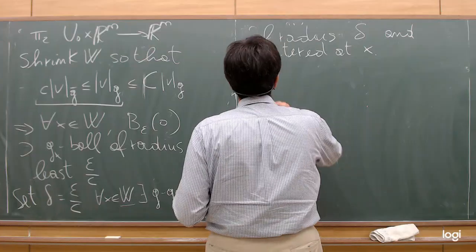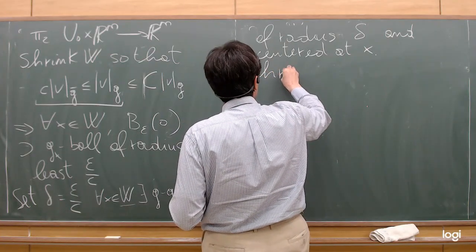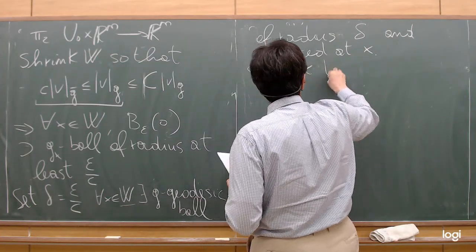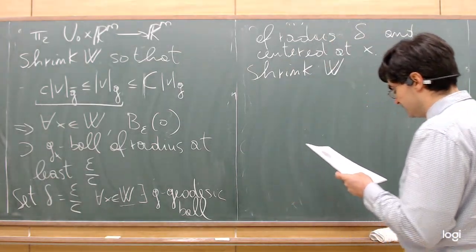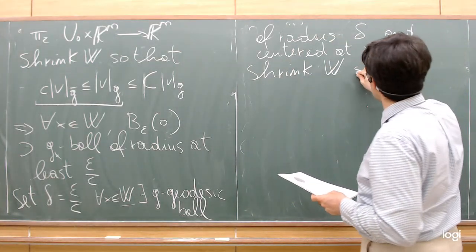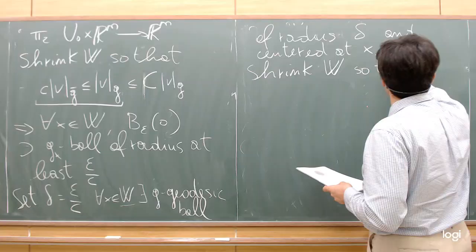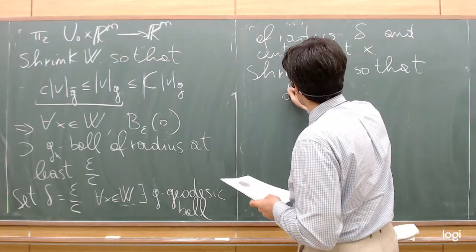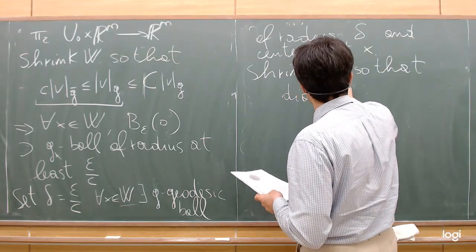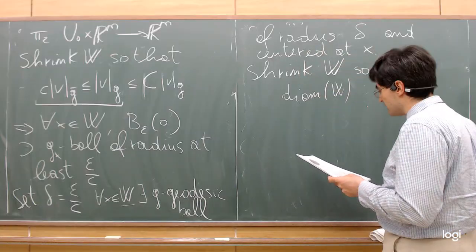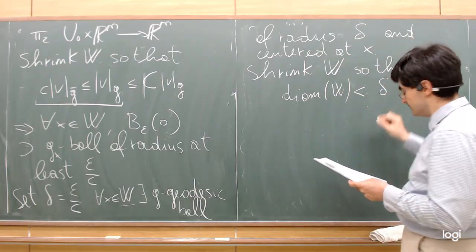So the idea is that you shrink W if necessary, so that the diameter of W is smaller than delta.